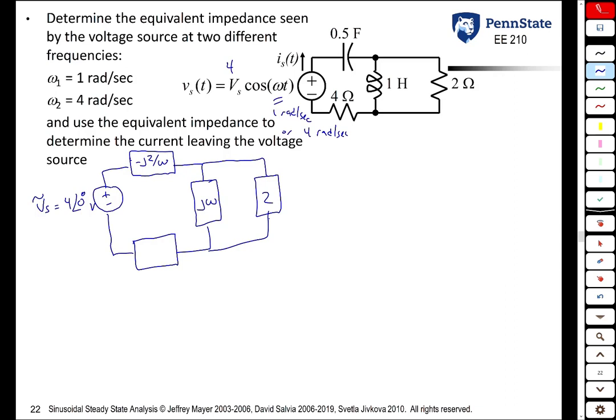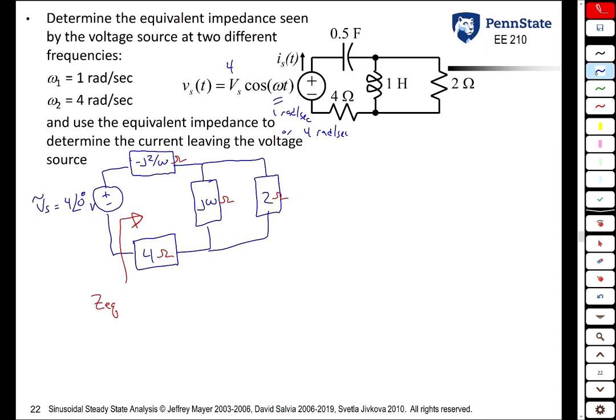And the 4 ohm resistor is just 4 ohms. And technically these should all have units of ohms. So we're asked to find the equivalent impedance as seen by the voltage source. So we're basically looking to find Z equivalent here. And we're asked to do it for two different frequencies.